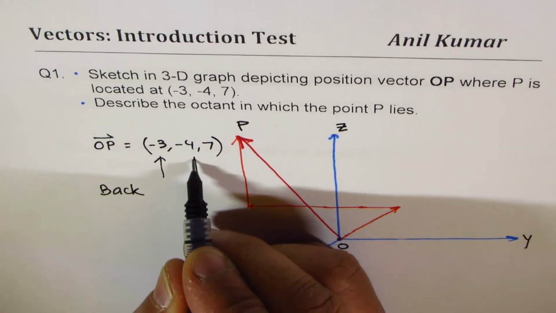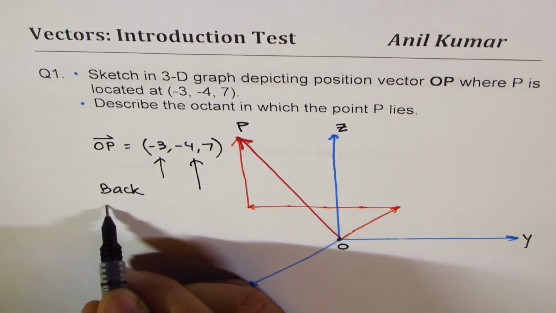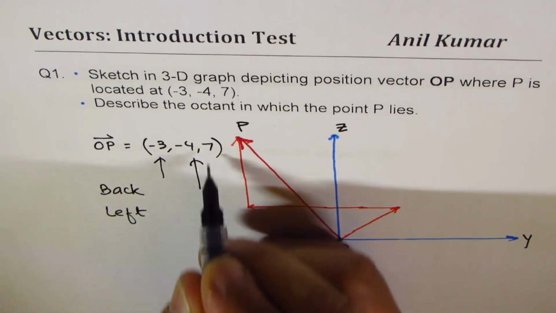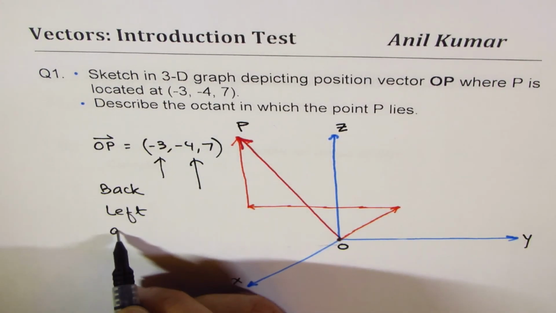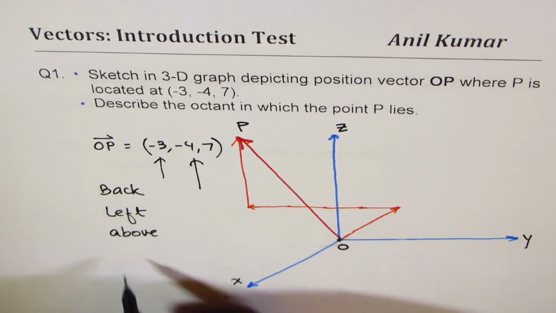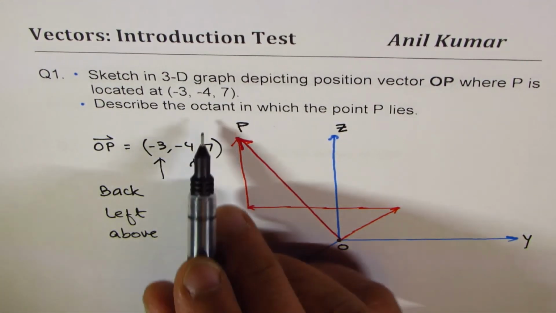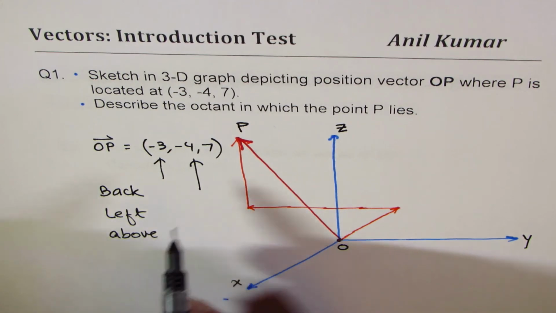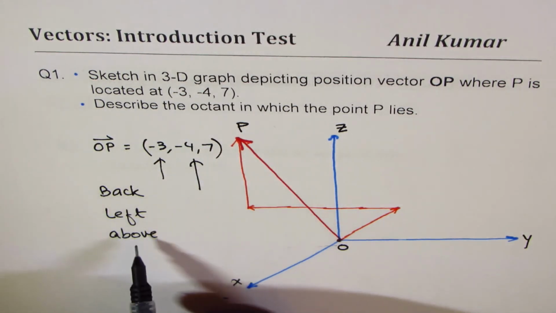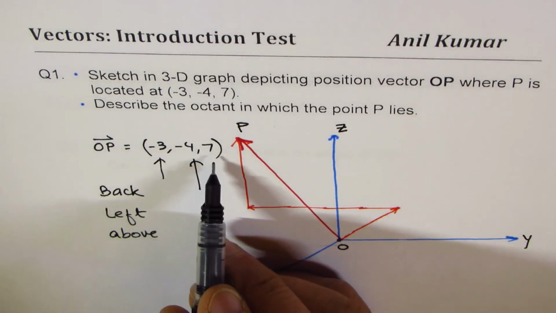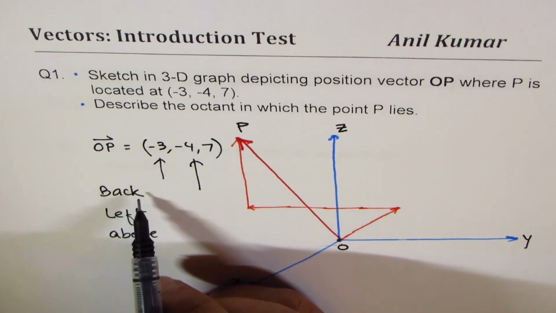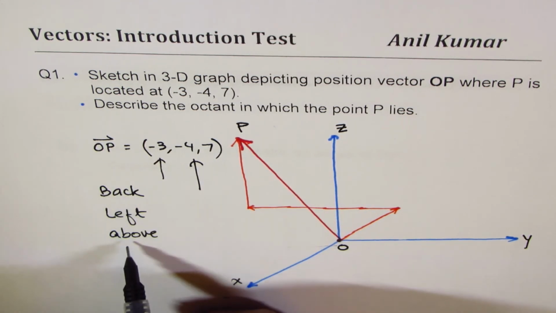And -4 means on the left. And 7 means above. So that is how we are going to describe the position. So the octant is, there are 8 octants, correct? So the octant in which this point exists is the one which is on the back, left, and above, right?